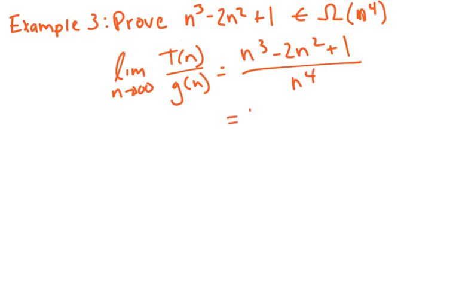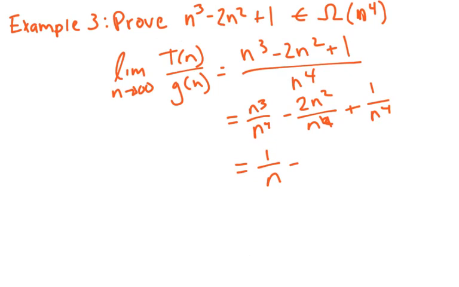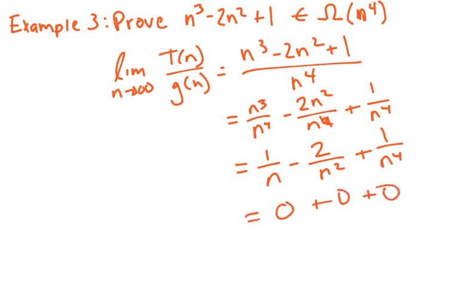And we're going to separate out 2n squared and 1 over, okay. And we're going to get 1 over n minus 2 over n squared plus 1 over n to the 4th, which is going to be 0 plus 0 plus 0, right? 1 or 2 over a very large number. And this is going to be 0.